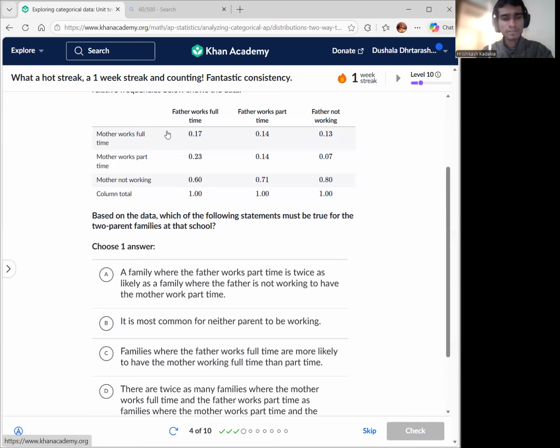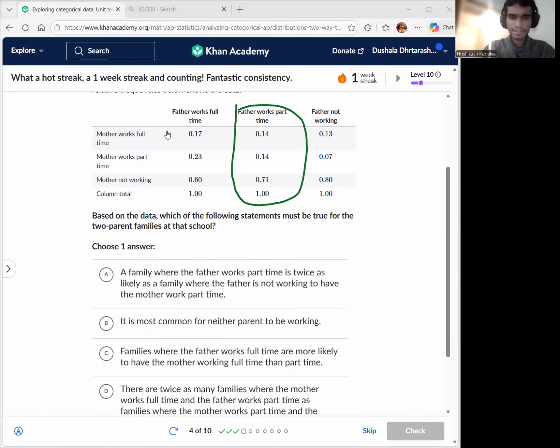Wait, what does this mean? So yeah, the mother would work part time more.